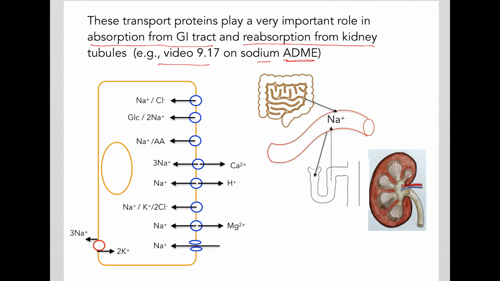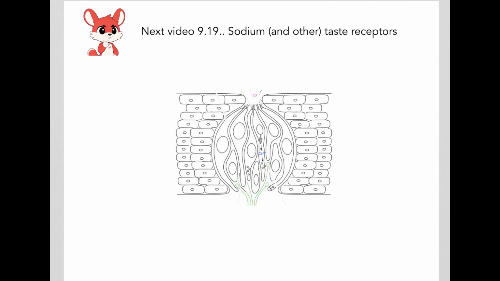So we'll come across these transport proteins in many future videos too. So this is a little bit about the sodium transport proteins. I want you to be familiar with some of these names. In the next video, we'll look at another related topic to sodium, and that is sodium taste receptors.